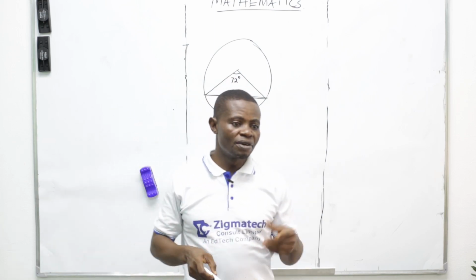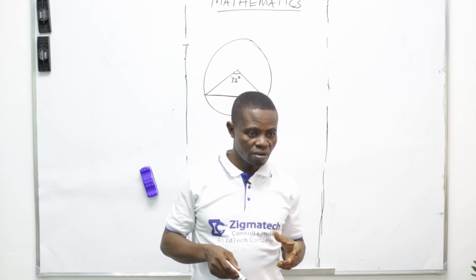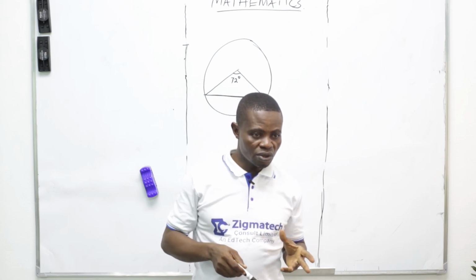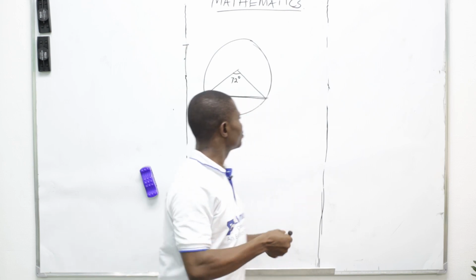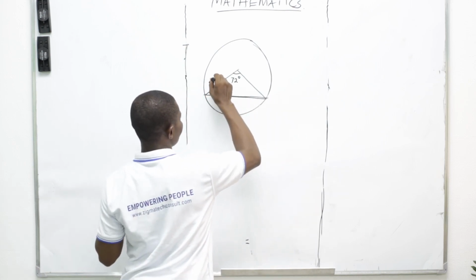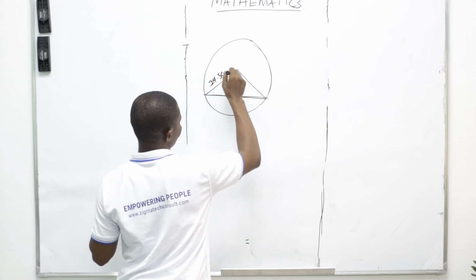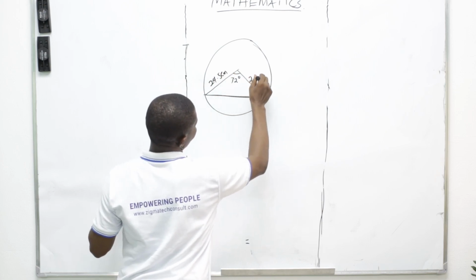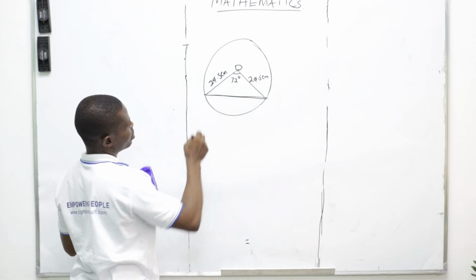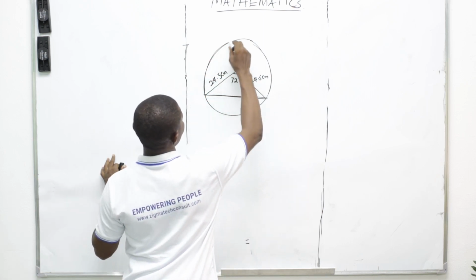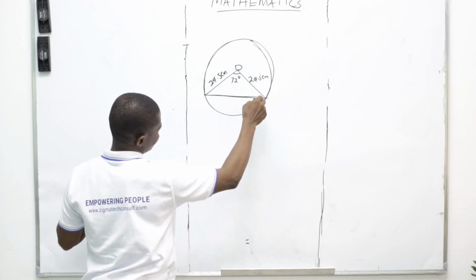If the radius of this circle is 24.5, you write 24.5 cm. Here is the center, because you have created it.